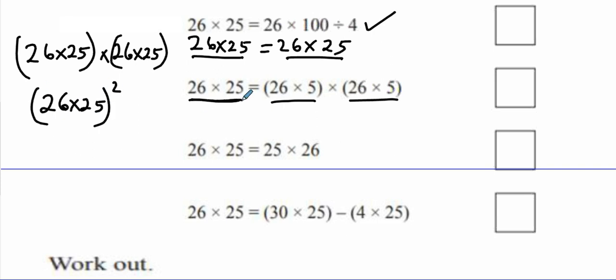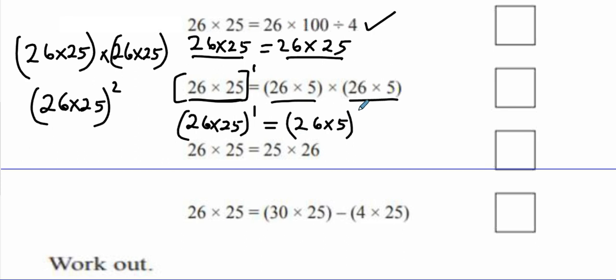So on the left hand side you have 26 times 25 to the power of 1, but here you have 26 times 5 to the power of 2. How did I know? We have 26 times 5 and another one is here. On the left hand side you have 26 times 25, only one, but on the right hand side we have 26 times 5. So this statement is incorrect.